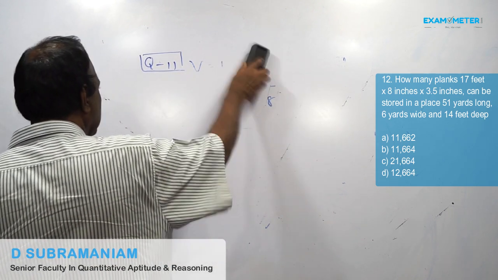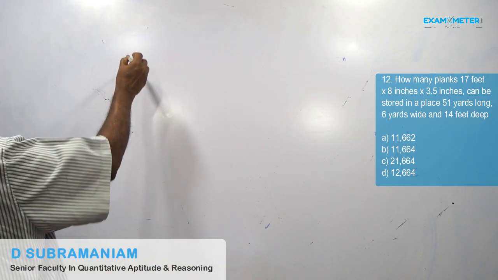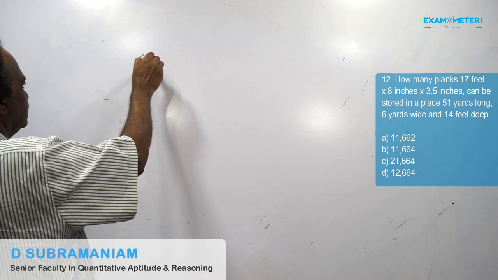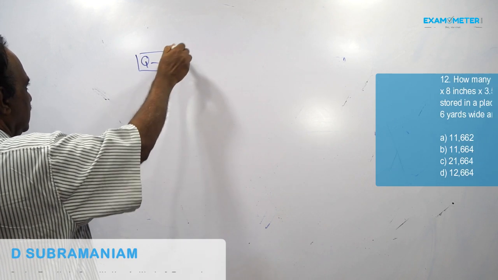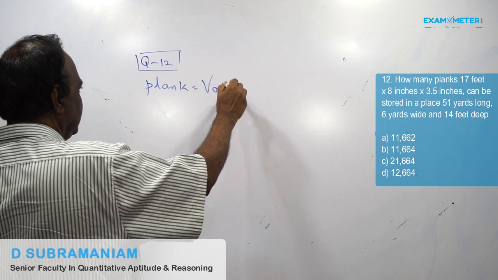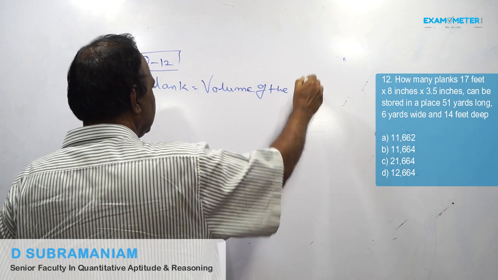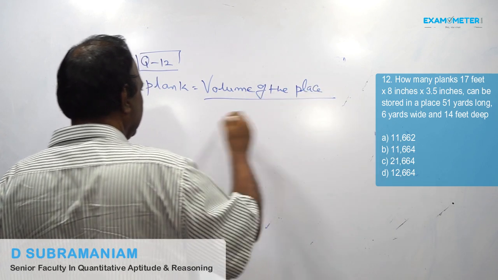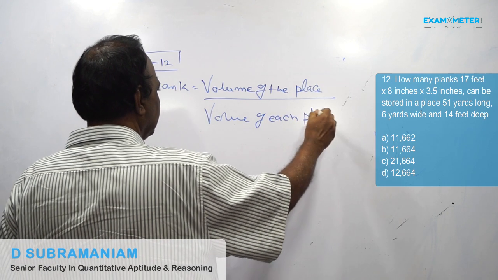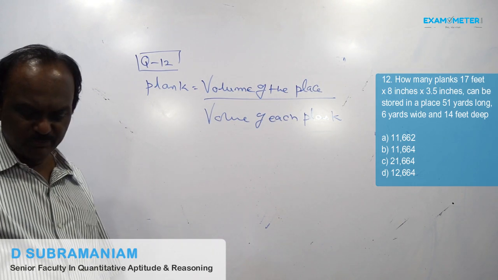Number of planks is equal to volume of the place divided by volume of each plank.